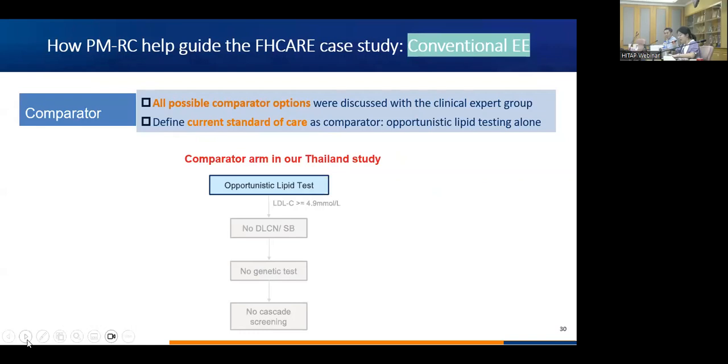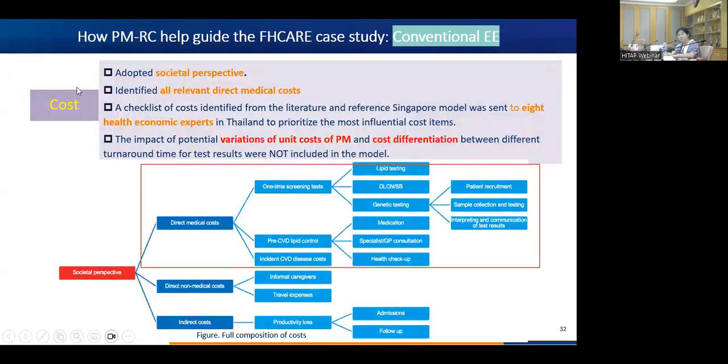Thus, this current standard of care was considered as the common comparator in our economic analysis. As can be seen in the figure, it was defined as random lipid testing alone, no DLCN, no genetic testing, and no cascade screening. Next page.